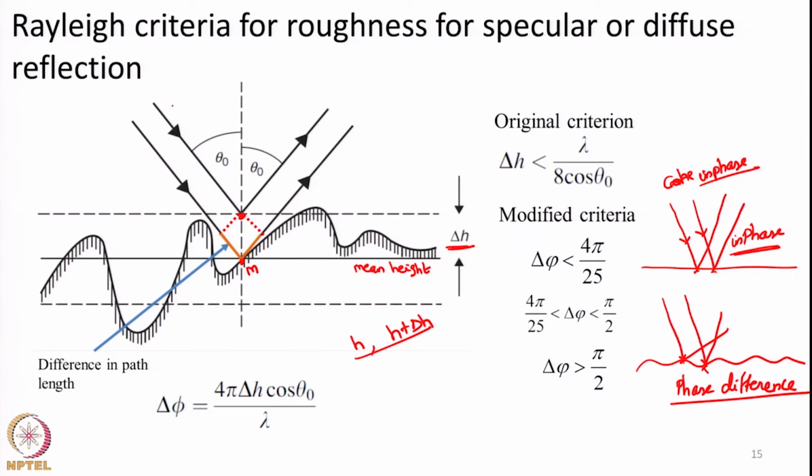Let us assume both of them are in phase. So, now this is reflected from this point going like this, this is reflected from this point still going like this, but still there will be some phase difference introduced between them.